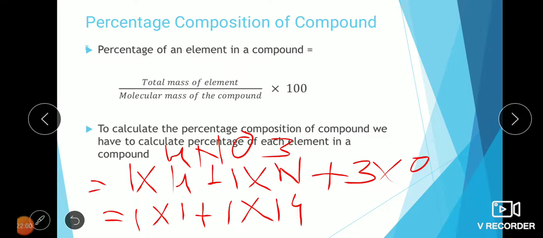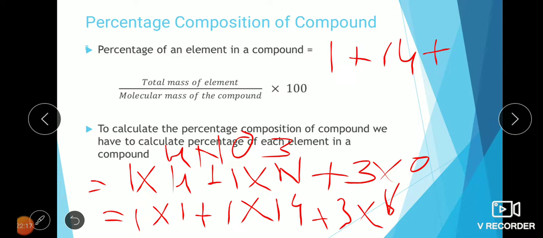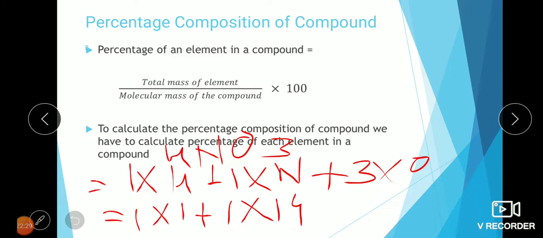If you remember, we have taken nitrogen as 14, plus 3 into 16. So 1 into 1 is 1, plus 14, plus 3 into 16. 3 into 16 is 48, and the answer should be 63. Now we have done 3 examples.